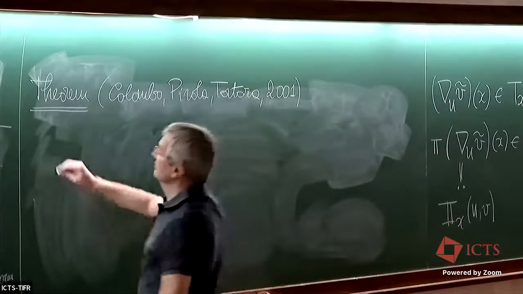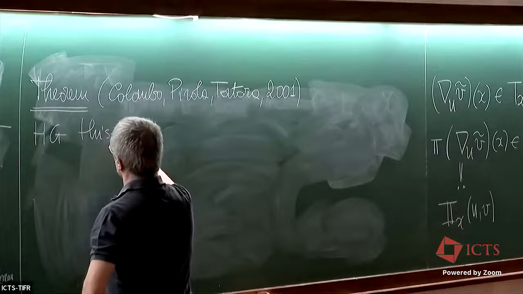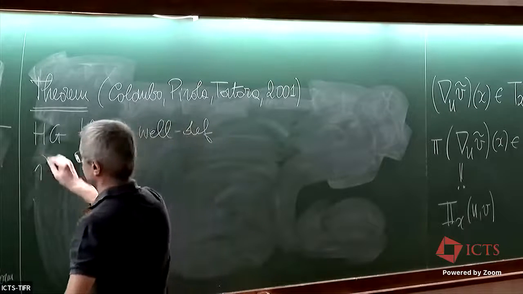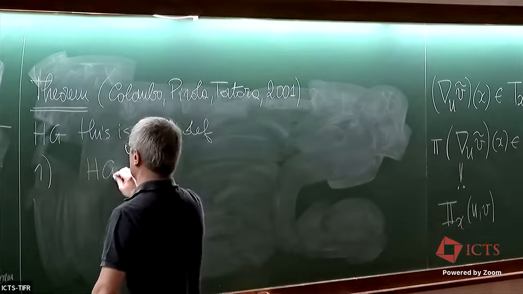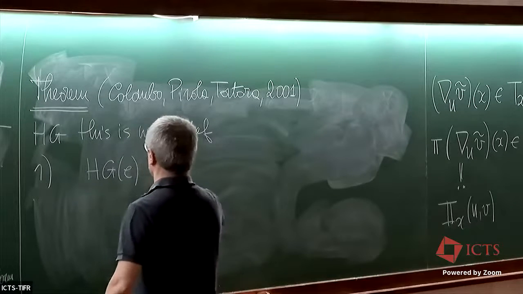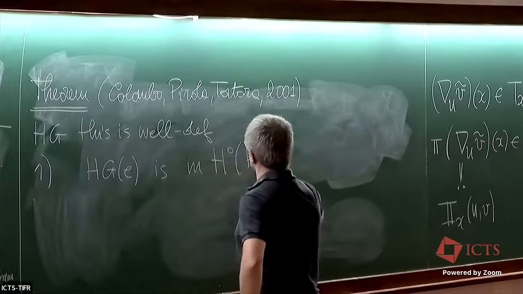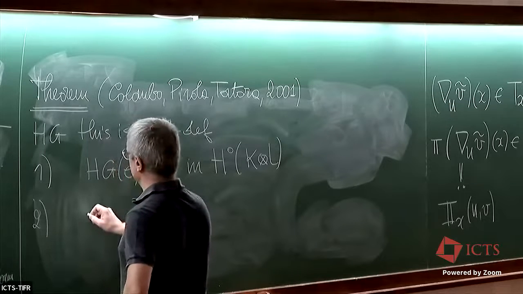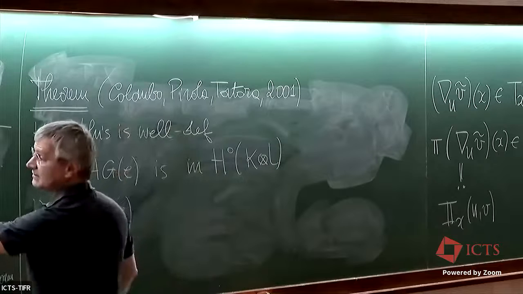So this is well defined, which means, one, it is holomorphic. So it is a holomorphic section of this bundle. And two, it is independent of the chosen representative, phi.